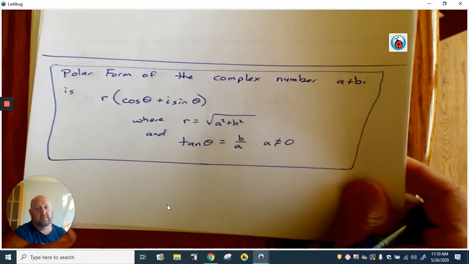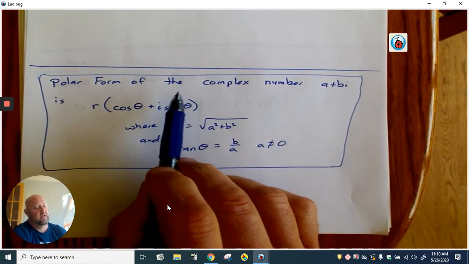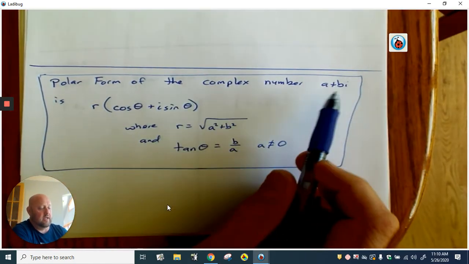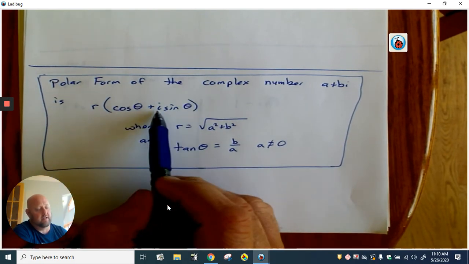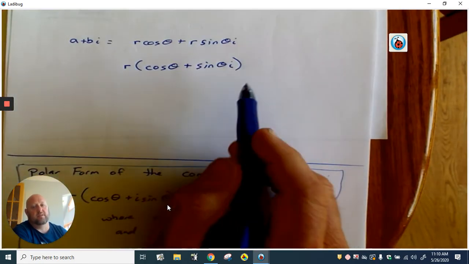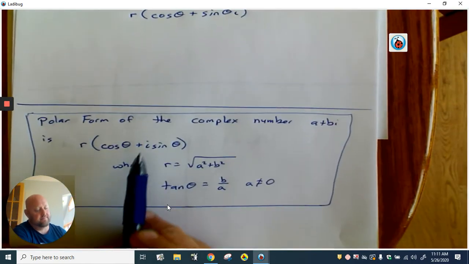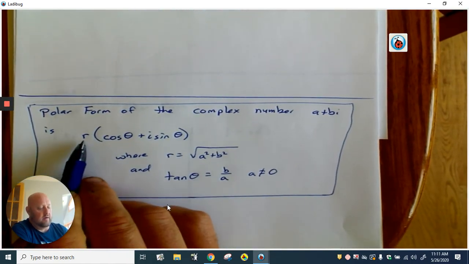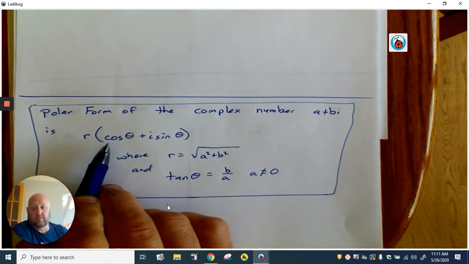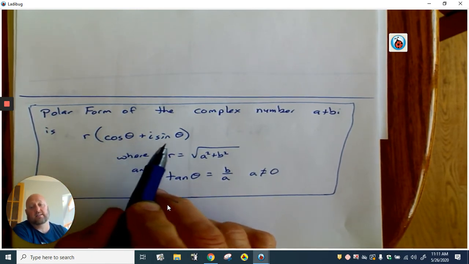Basically, here's the general rule. The polar form of a complex number, a plus bi, is nothing more, and all we do is put the i in front. It looks a little bit better than putting the i at the end. It's the same thing, it just makes it look a little bit prettier. It's r times the quantity cosine of an angle plus i sine of the angle.